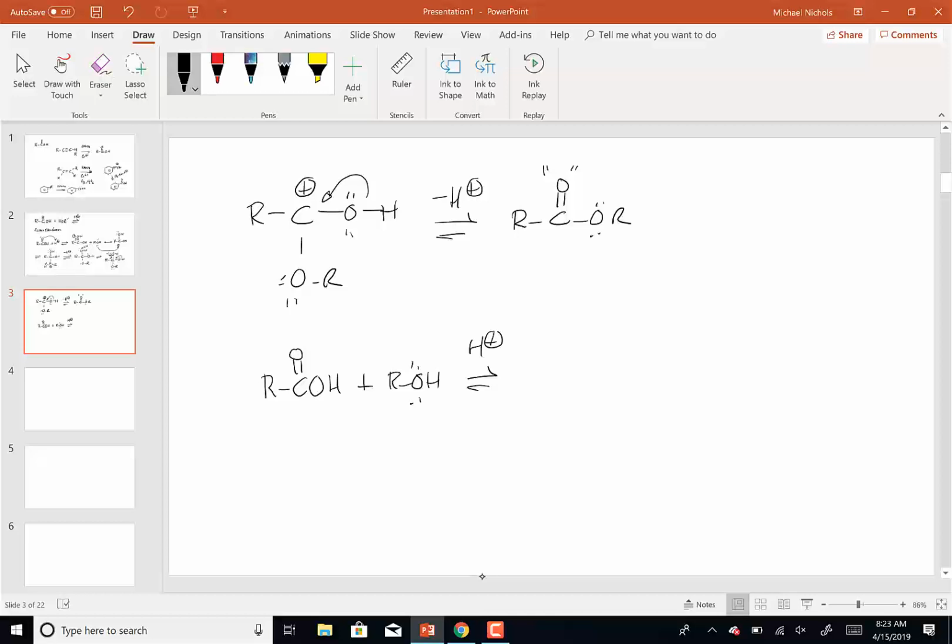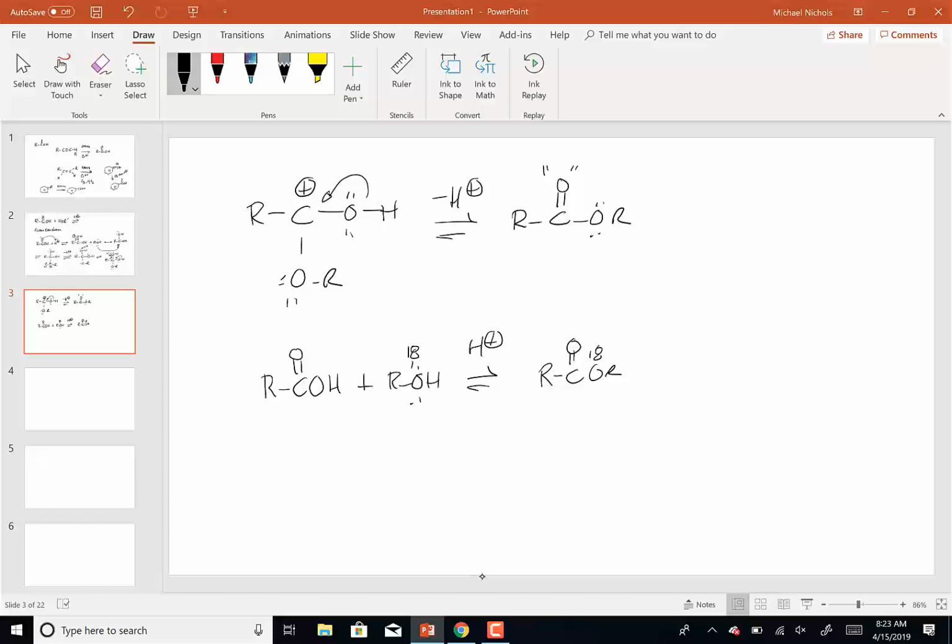Oxygen 18 is radioactive, and so what they did was they actually took an oxygen 18 labeled alcohol, and when they performed that reaction, they found that the oxygen 18 was the one incorporated in the ester. And so that's how they knew that there was no other oxygen that was present at that point.